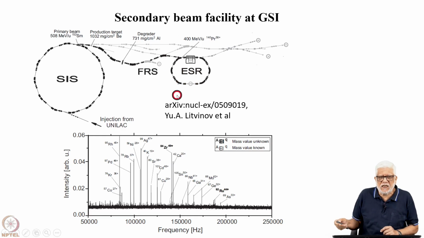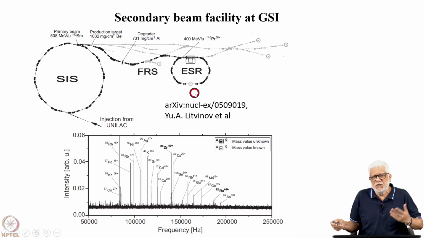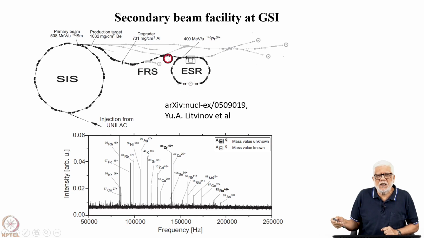But then in the next pass, you can again have this very sharply energy-focused beam interacting with the ion beam and so on. So, within some number of cycles, you can cool this beam, and then it can keep circulating here.